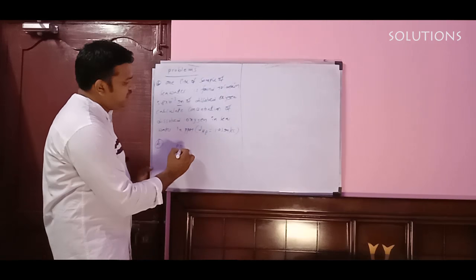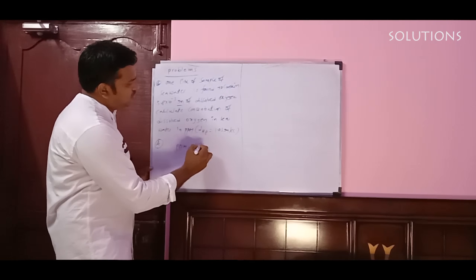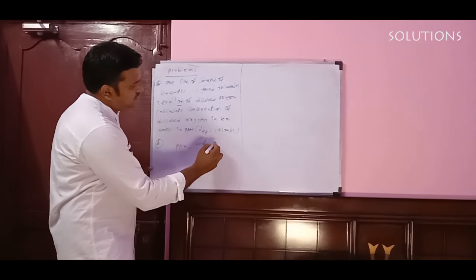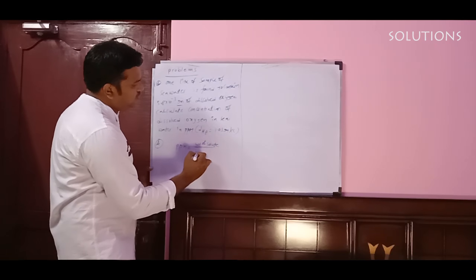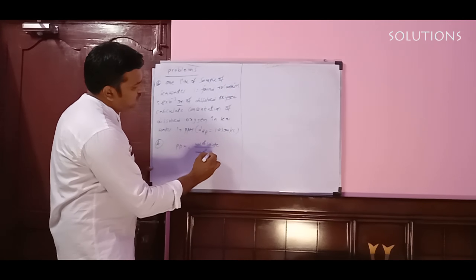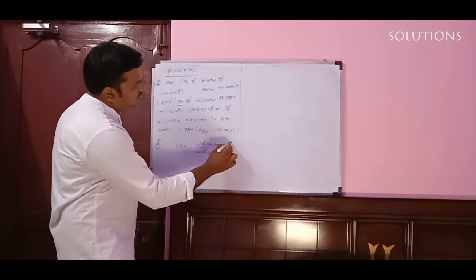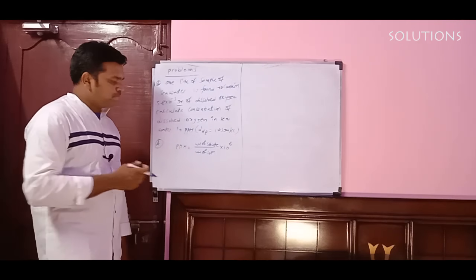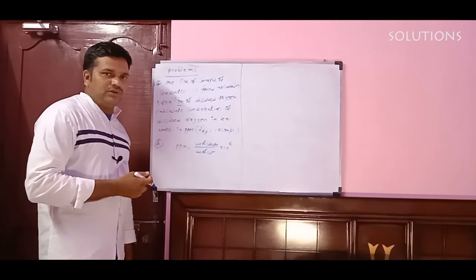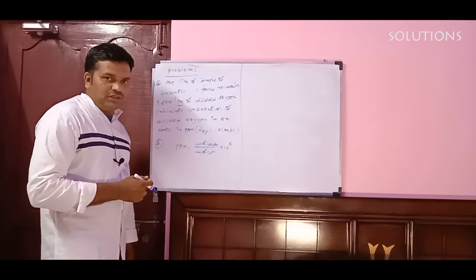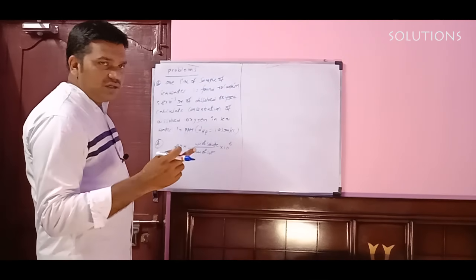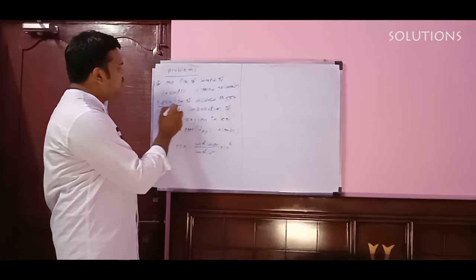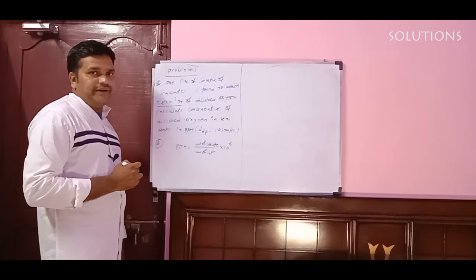Now here ppm is equal to weight of solute by weight of solution into 10 power 6. This formula was already discussed. Here we know the weight of solute, we already have 5.8 into 10 power minus 3.